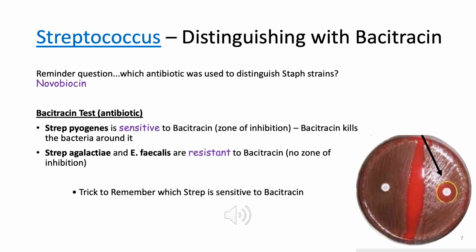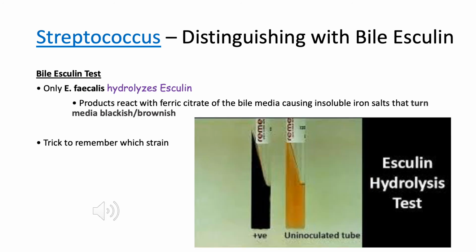So a trick to remember which strep is sensitive to bacitracin, it's Strep pyogenes. So think of bacitracin eats pie. So bacitracin destroys or kills Strep pyogenes. Bacitracin eats pie.